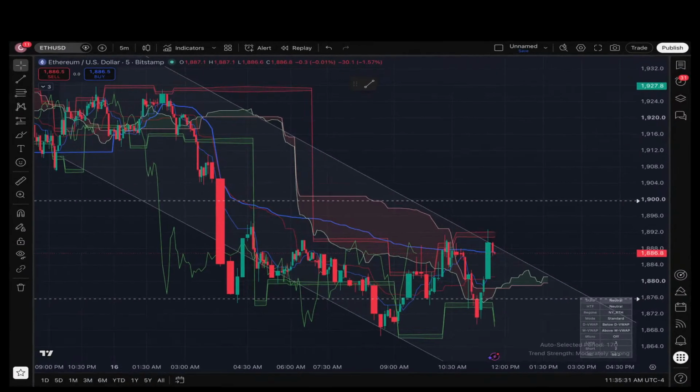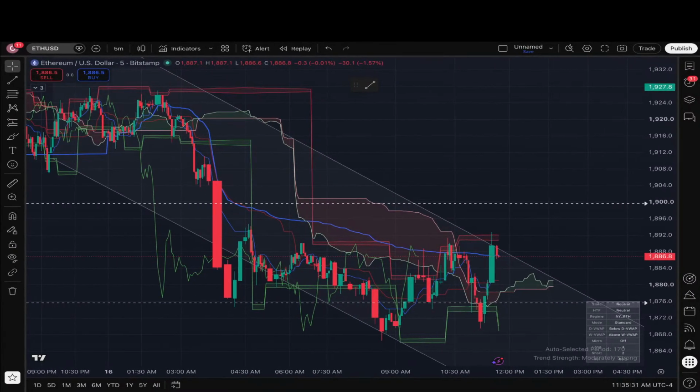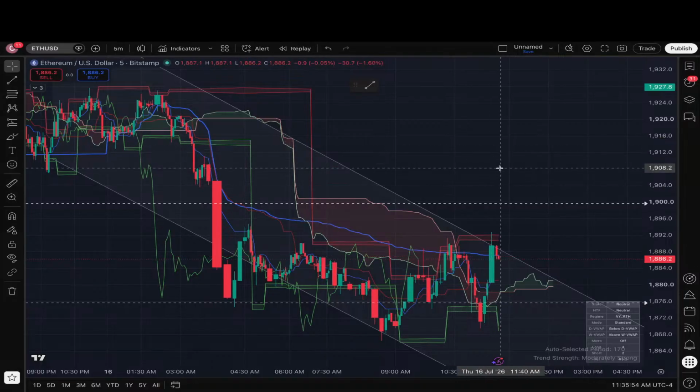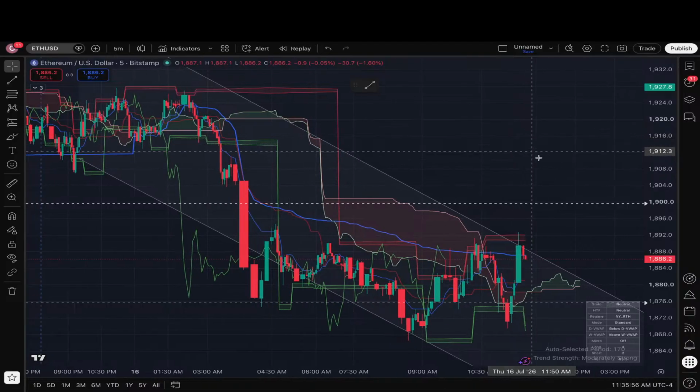So let's get into a couple of things. So right now, the live Ethereum map that we need to be looking out for is a bullish acceptance above $1,892. That's what we need for a bull run or a potential long position to be initiated. So we really need to see that price go up a little bit more.